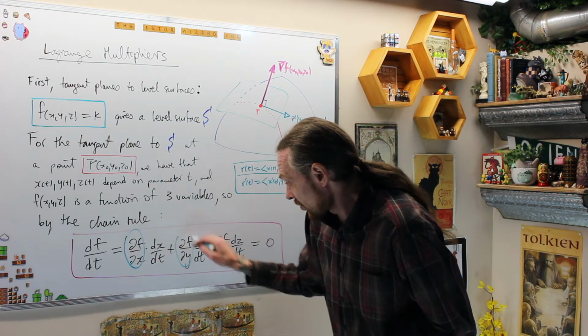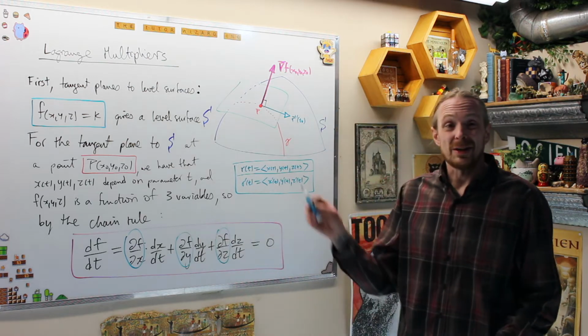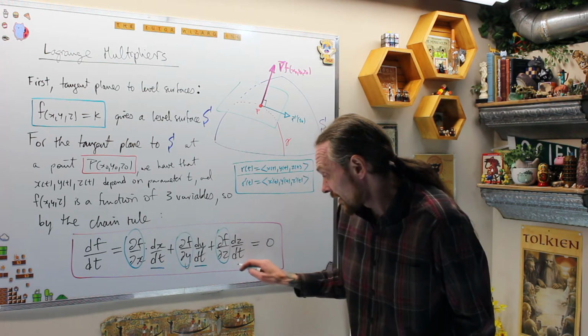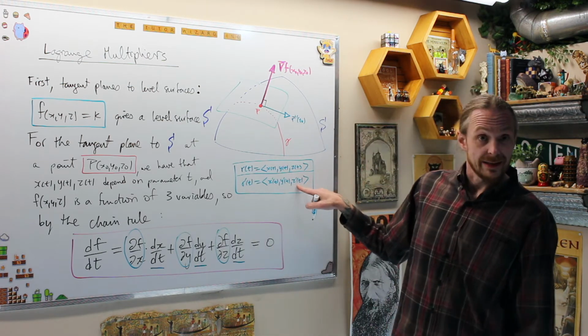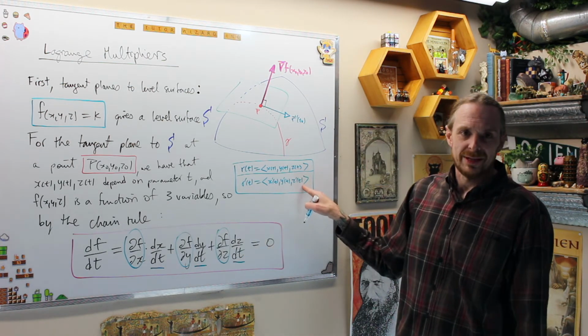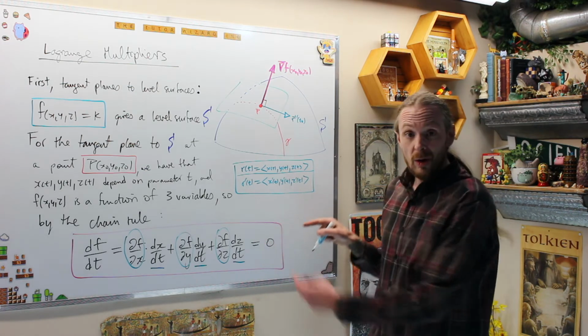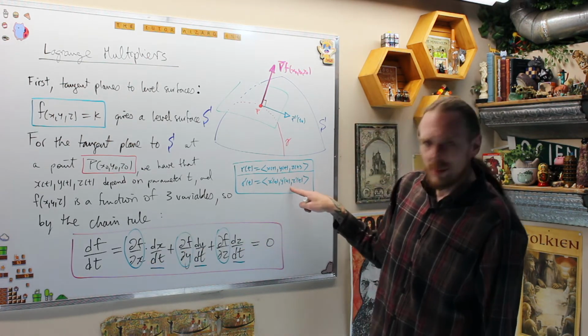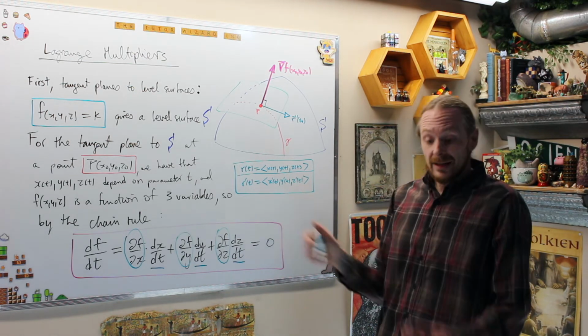The partial derivatives of f are the components of the gradient vector, and the other three are these derivatives, in Leibniz notation and Newton's notation. If you remember that, it looks like the dot product of the gradient vector and this r prime. And that's exactly what's going to happen.